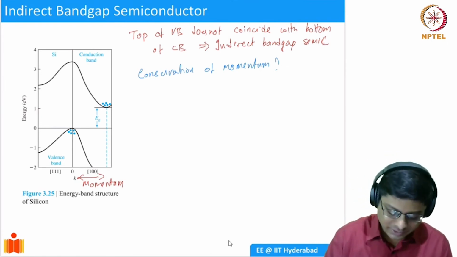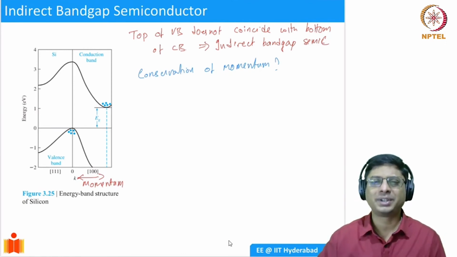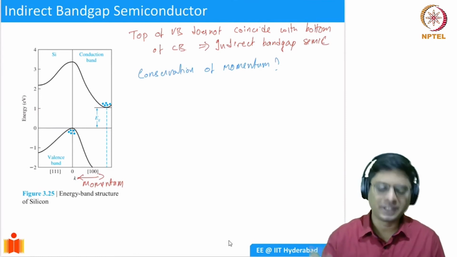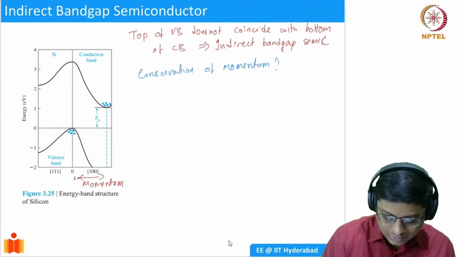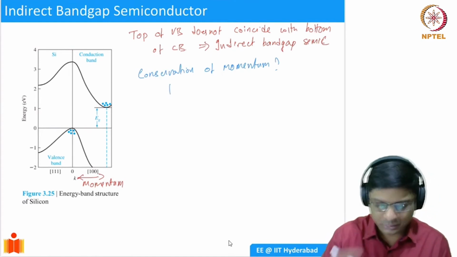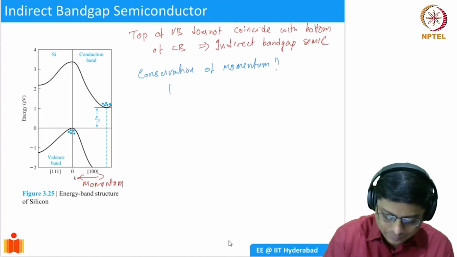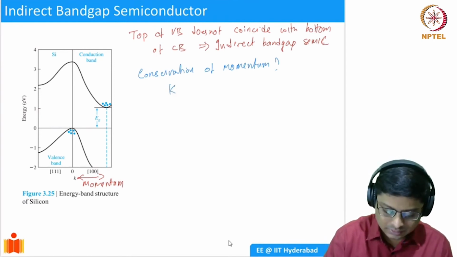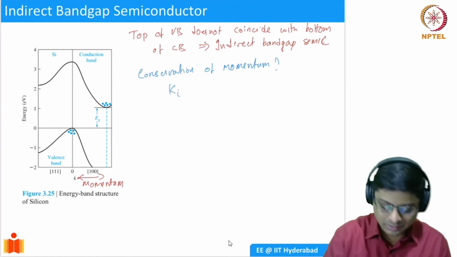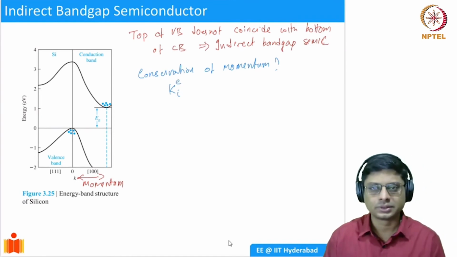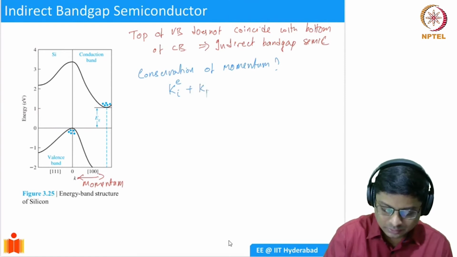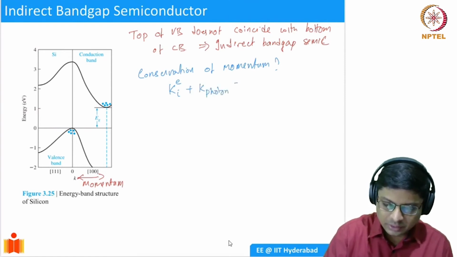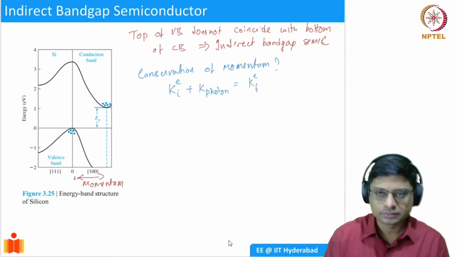We can refer to K as a momentum. P equals h cross K, we saw that. So we'll just write in terms of K; you can always multiply by h cross. Let's say Ki, the initial momentum of the electron, plus the momentum of the photon, K photon, should be equal to K final of the electron.